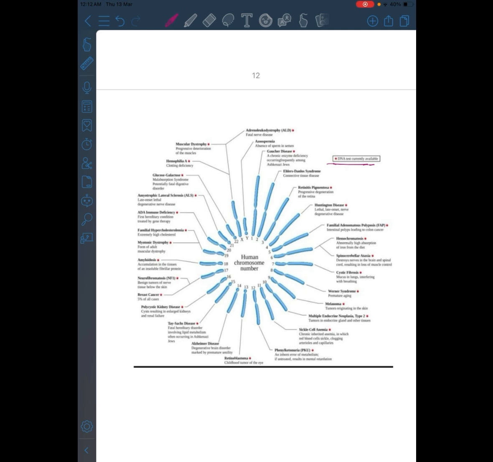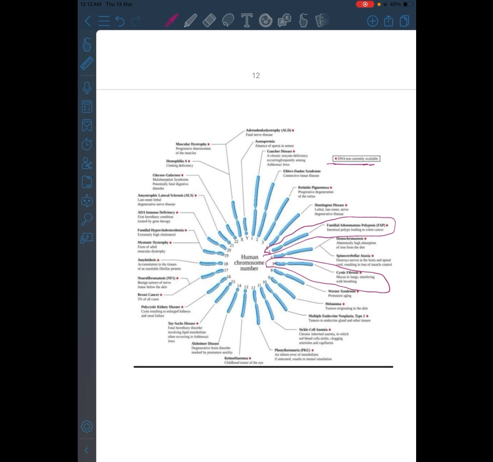But some important things which I would like you to remember among these would be FAP, familial adenomatous polyposis, which is seen in defective chromosome 5. Then cystic fibrosis, which is seen with chromosome 7.